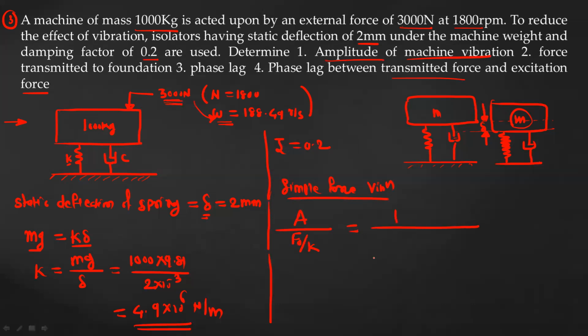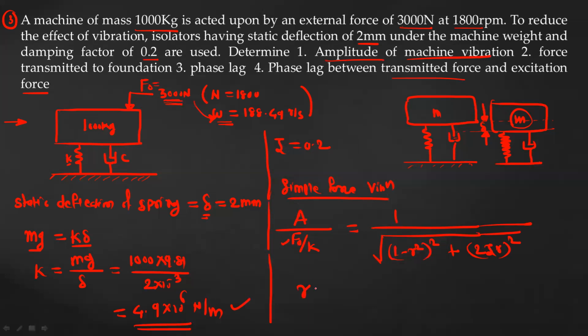1 upon the square root of (1 minus r square) bracket square plus (2 zeta r) bracket square. Here F0 is nothing but 3000 Newton, the force magnitude or the external force. K value is known, 4.9 into 10 to the power 6.